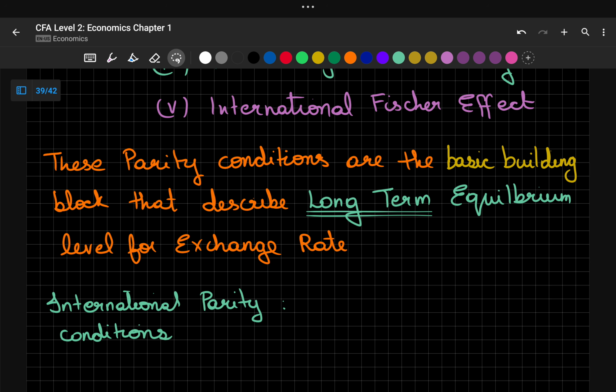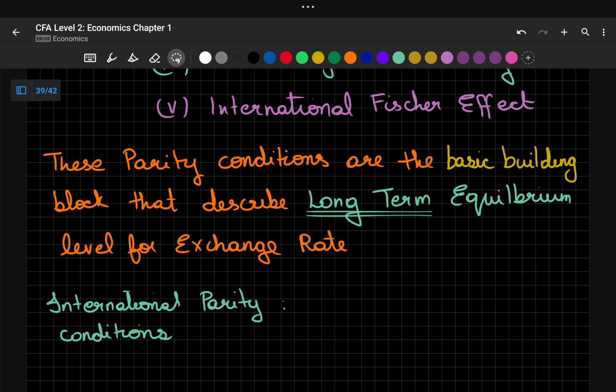If you look into a currency pair, to understand how the exchange rate is changing in the long run, what are the factors that affect the change in exchange rate in the long run, we are looking into those conditions, and based on that we find the long term equilibrium level with the help of these parity conditions.